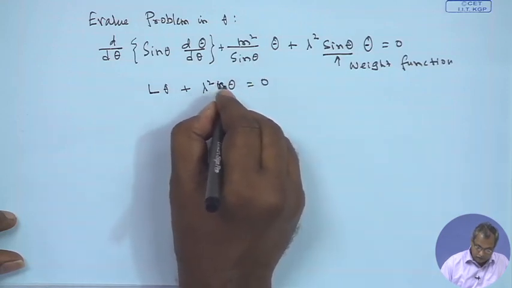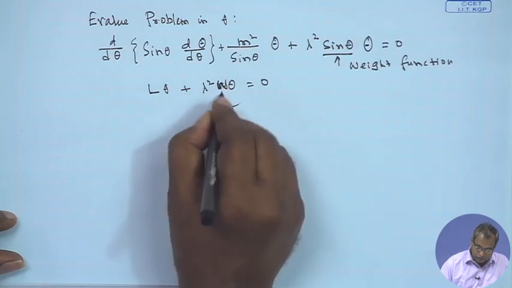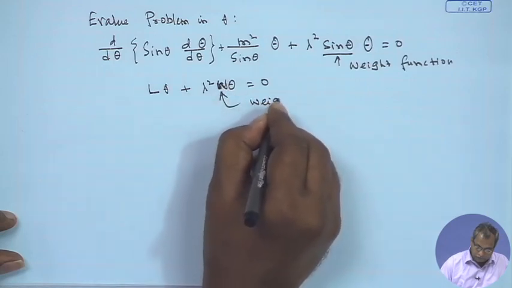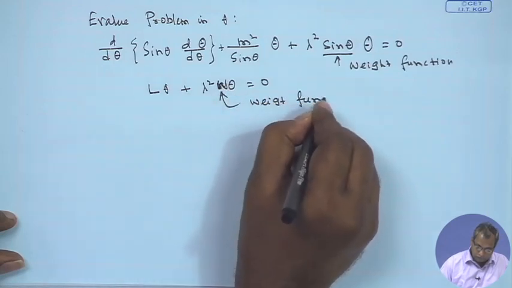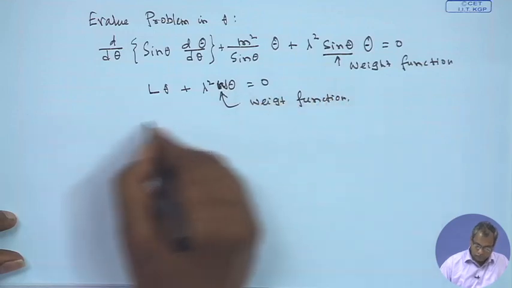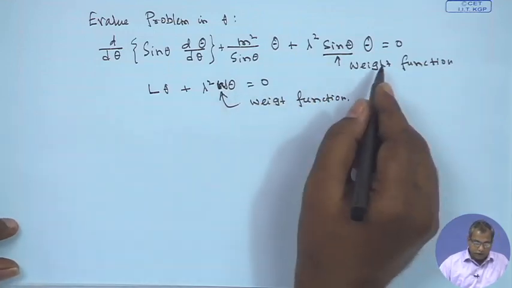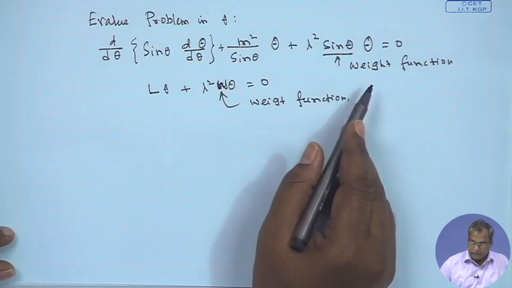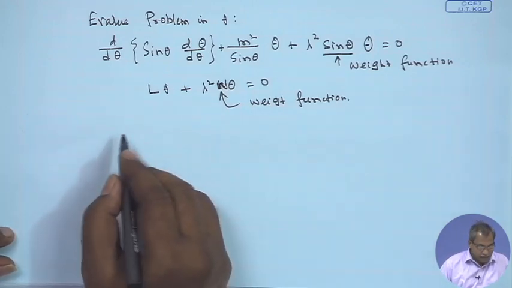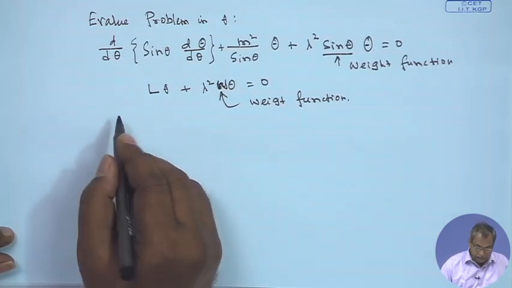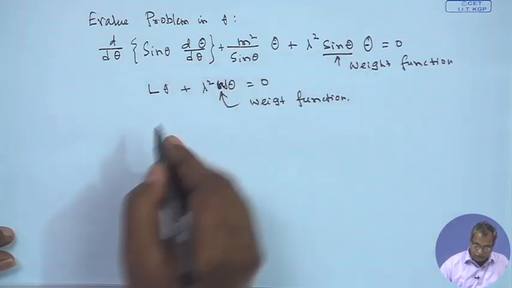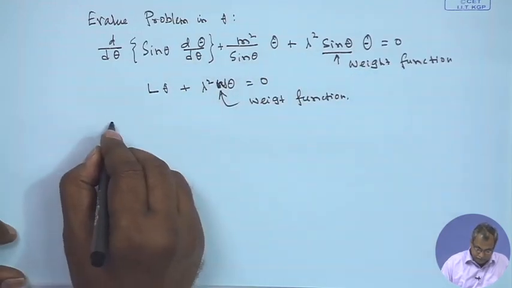It is basically w theta, where w is nothing but the weight function. Here the weight function in the spherical polar coordinate system is sin theta, and now once we get that, I divide both sides by sin theta, and let us see what we get.